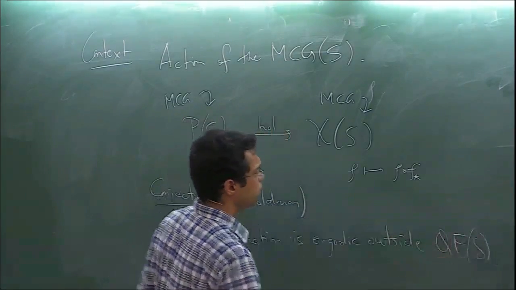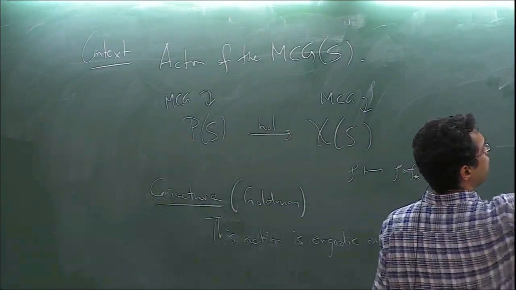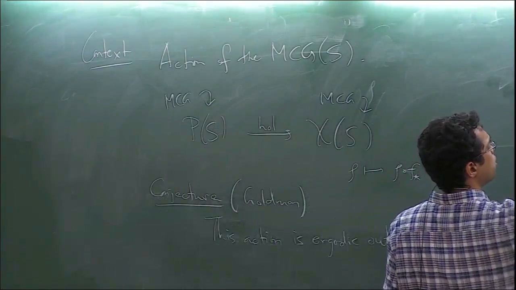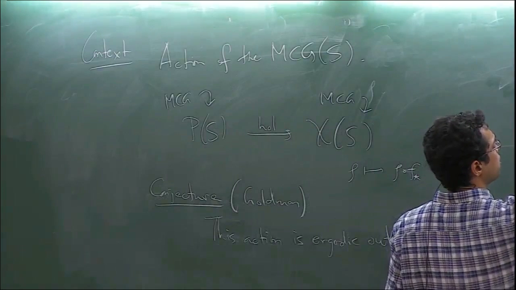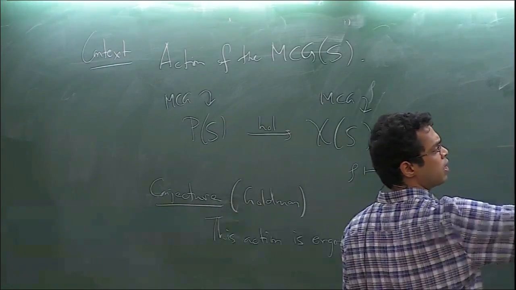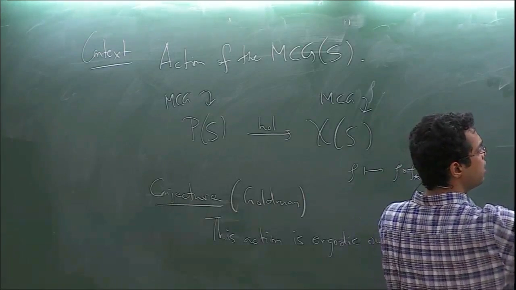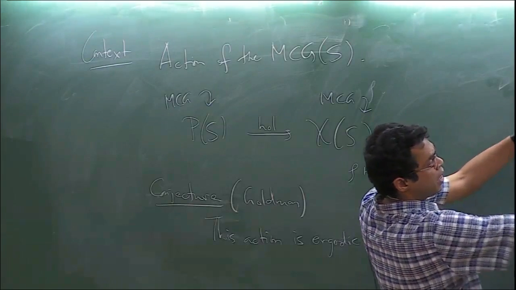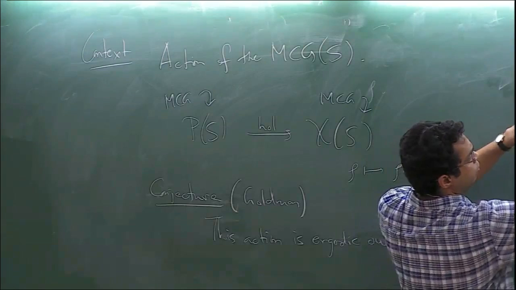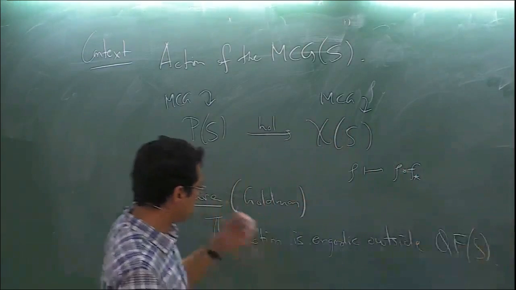Remember we had this cartoon. You have the quasi-Fuchsian characters, which sit as an open set inside the PSL2C character variety. Here, the action of the mapping class group is nice, but the conjecture is that outside it's chaotic.